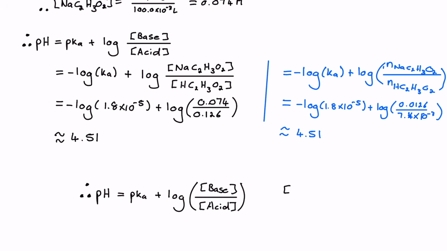The concentration of the base is equal to the number of mole of the base divided by the volume of the buffer. And the concentration of the acid is equal to the number of mole of the acid divided by the volume of the buffer, right?